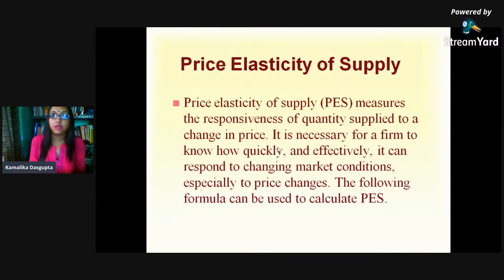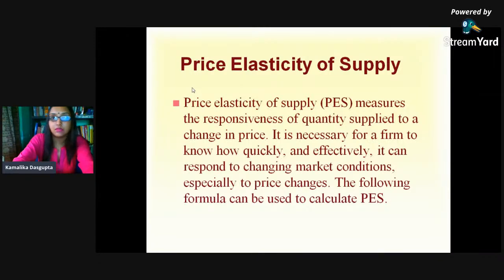Okay, now what is price elasticity of supply? It is exactly the same as for demand. Price elasticity of supply measures the responsiveness of quantity supplied to a change in price. It is necessary for a firm to know how quickly and effectively it can respond to changing market conditions, especially to price changes. Why is price so important in the field of supply?